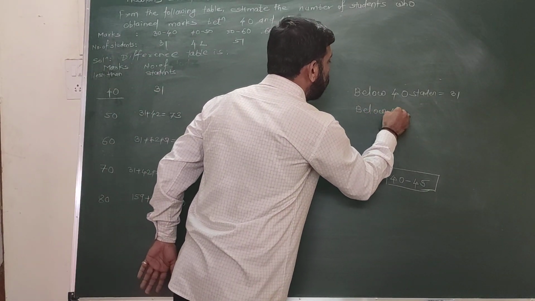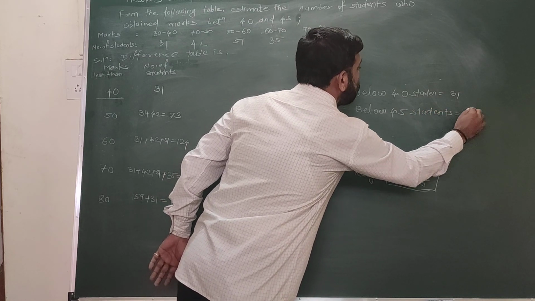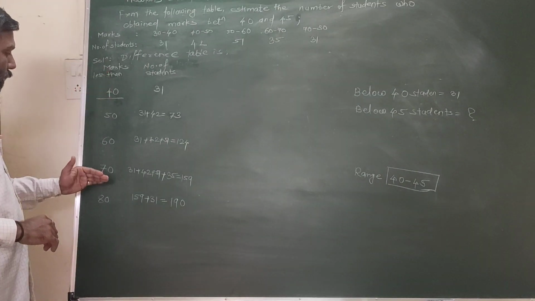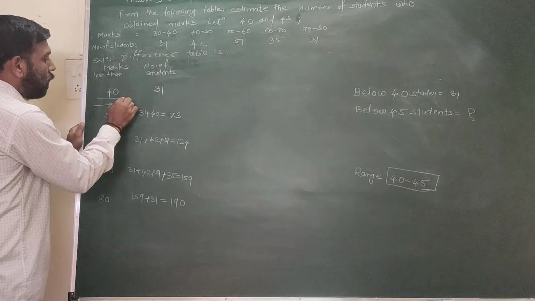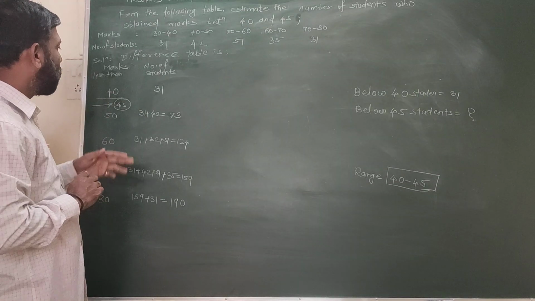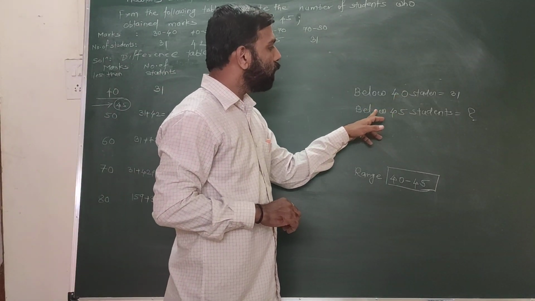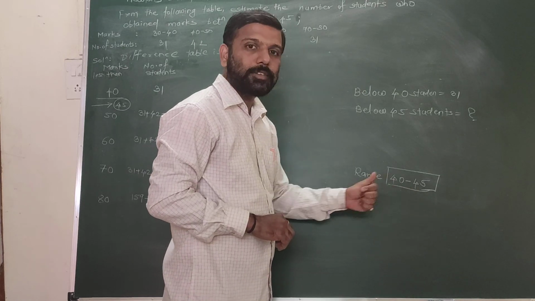Below 45 students. By using this data, we find out the number of students below 45 marks. So we have below 40, and we get below 45. Then how will we complete this range?